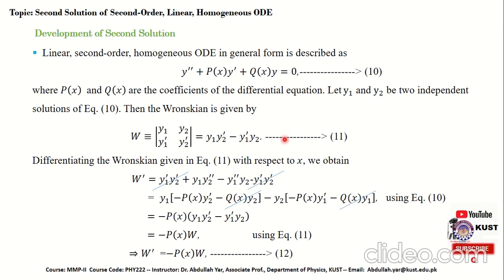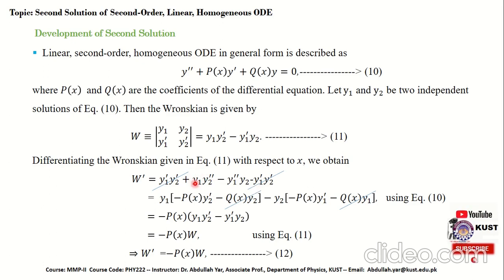Now, equation number 11 can be differentiated with respect to x, leading to W prime equal to y1 prime y2 prime plus y1 y2 double prime minus y1 double prime y2 minus y1 prime y2 prime. In this equation, the first term and the last term can be cancelled, leading to y1 y2 double prime minus y1 double prime y2.